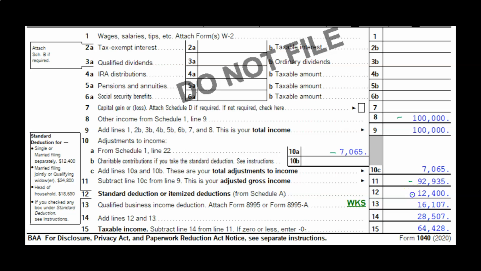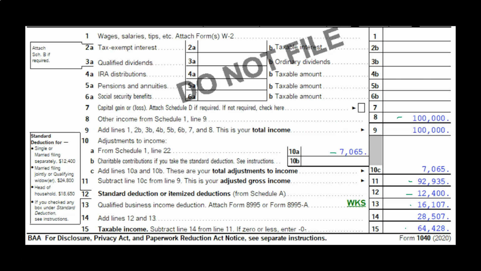We then have the standard deduction, 12,400, and then we have the qualified business income deduction, which may be applicable depending on the type of business. So this is going to be another impact that will be affected based on the Schedule C. Software will be helpful to determine the amount of the qualified business income deduction, which of course is significant here as well. And then we have the taxable income at the $24,028.